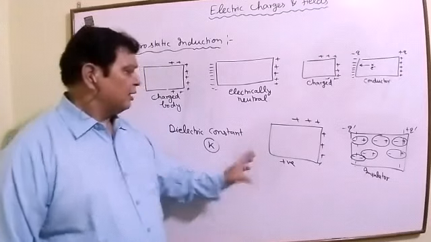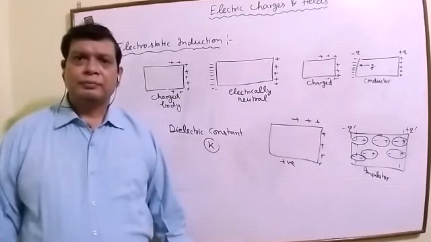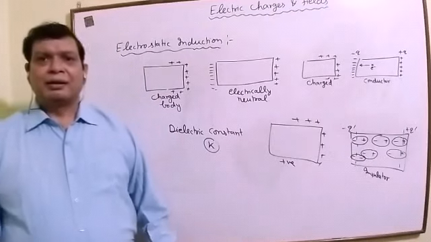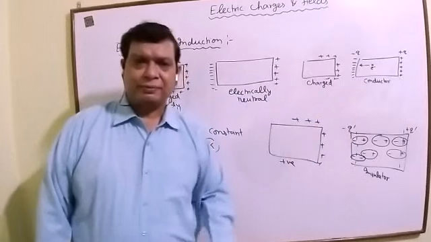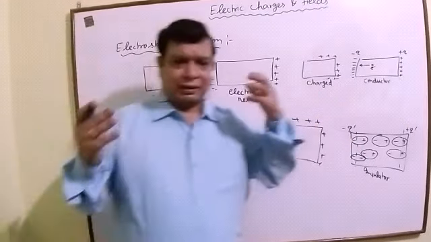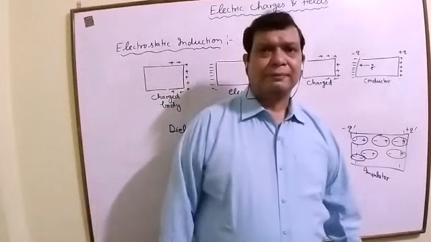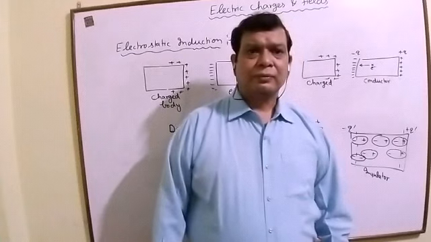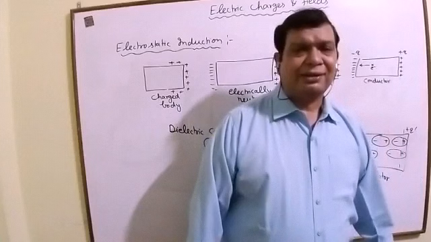For any substance, the more the value of K, the more easily the medium, the substance, is electrically influenced. That is why for more conducting materials, the value of K is more. For insulators, the value of K is less.